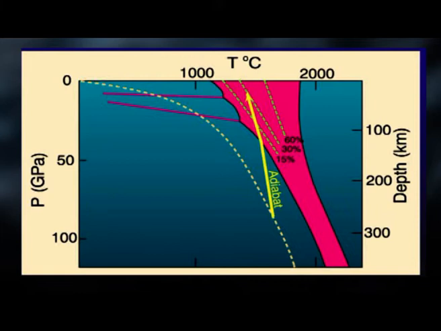By changing any of the agents, we can perturb the situation so that melting takes place. When we increase the temperature without change of pressure, a rock is partially melted, but increase in temperature results in decrease in the density of the crustal or mantle rocks.